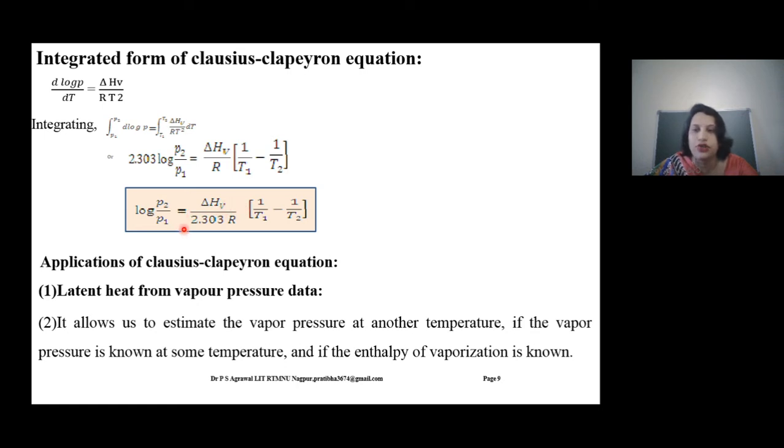When we know different values of pressure against temperature, we can plot the graph, and from it we can determine delta H. The slope will be delta H by R, and knowing the value of R, we can find the value of delta H. This equation also allows us to estimate the vapor pressure at another temperature. If the vapor pressure at one temperature is known, meaning P1, delta H, T1 and T2 are known, P2 can be calculated. The equation is simple: we have five quantities, four are known, so definitely the fifth can be calculated.